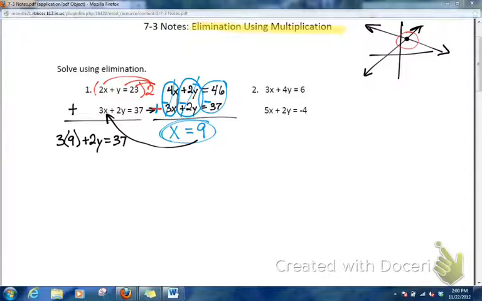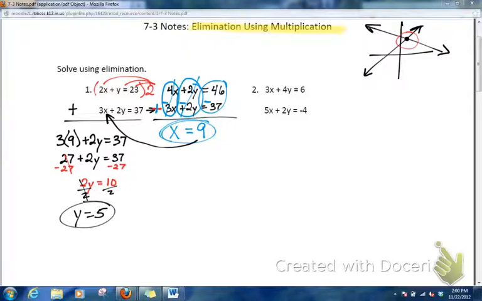Well, 3 times 9 is 27 plus 2y equals 37. I'm going to then subtract 27 on both sides. 2y equals 10. And then last step is to divide by 2. So y equals 5.